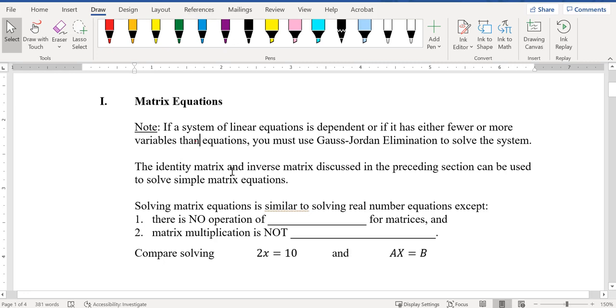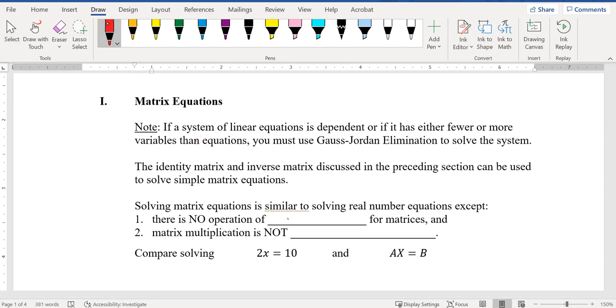The identity matrix and the inverse matrix discussed in the preceding sections can be used to solve simple matrix equations. Solving matrix equations is similar to solving real number equations, except that, number one, there is no operation of division for matrices. You cannot divide matrices.